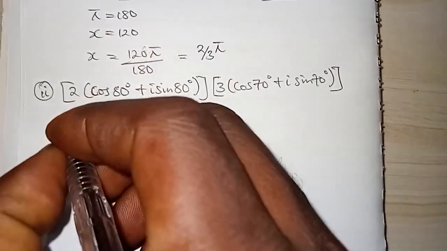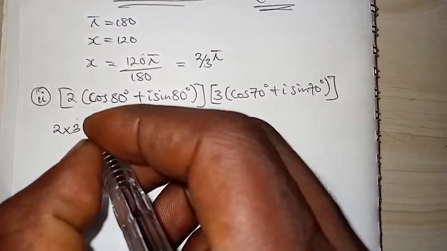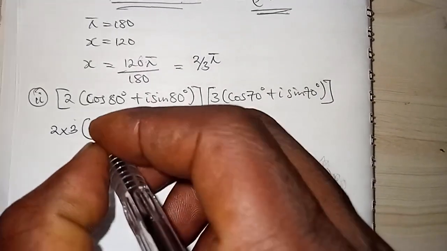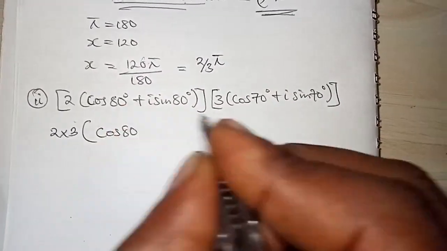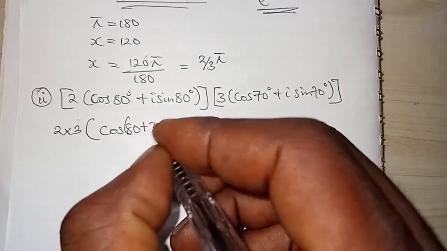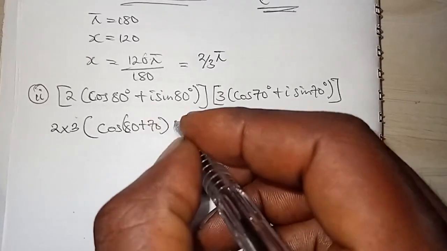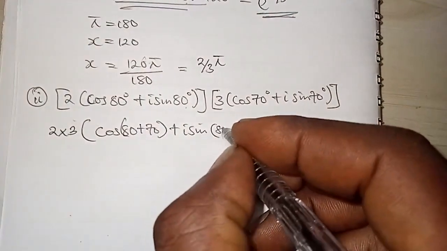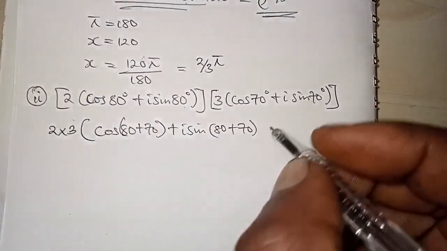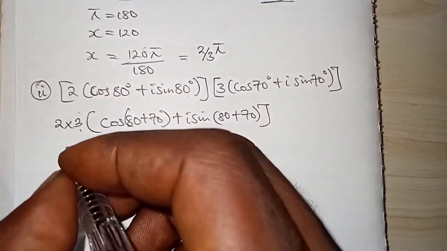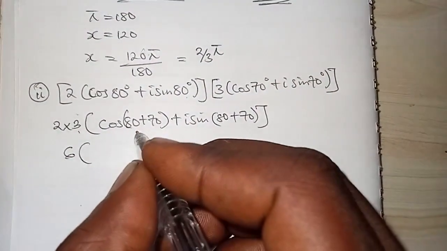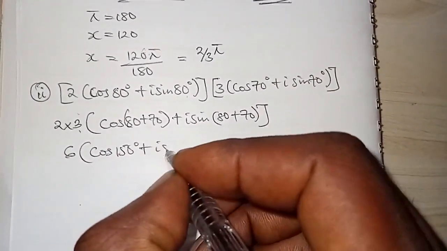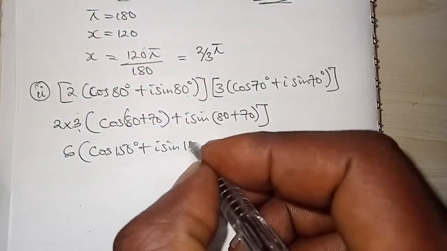Then we do what we did for the very first one: cos 80 plus 70, plus i sine 80 plus 70. So this gives us 6, then 150 degrees, cos 150 degrees plus i sine 150 degrees.